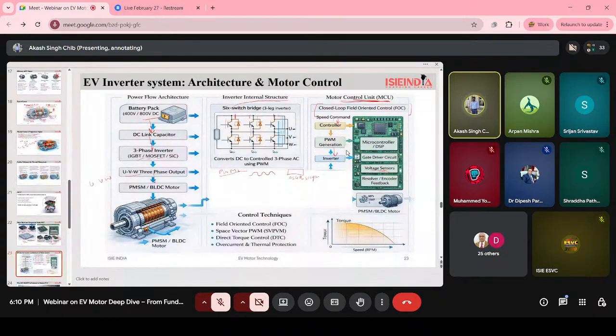So when we increase the current, the microcontroller also helps to control that part. Okay. Anyone have doubt? No.